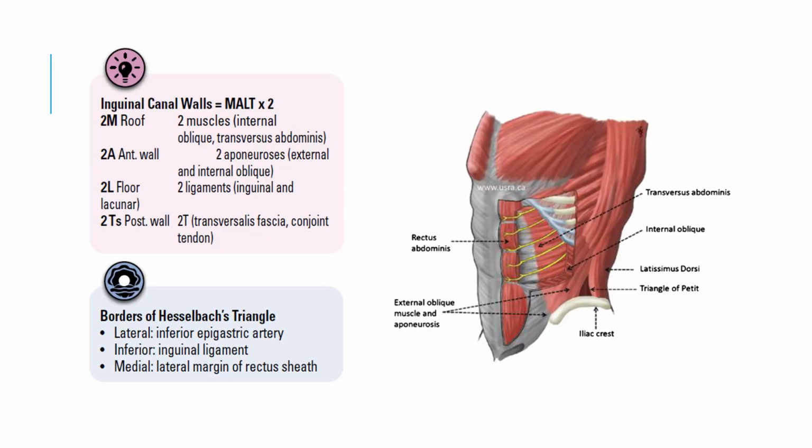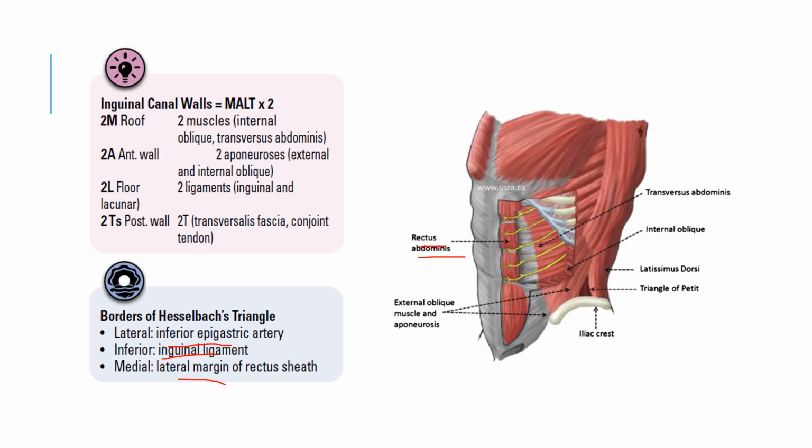So here again, borders of the Hesselbach's triangle are laterally the inferior epigastric artery, inferiorly the inguinal ligament, and medially the lateral margin of rectus sheath. Here is a diagram showing the abdominal wall muscles, after the skin, subcutaneous tissue, superficial fascia and deep fascia.